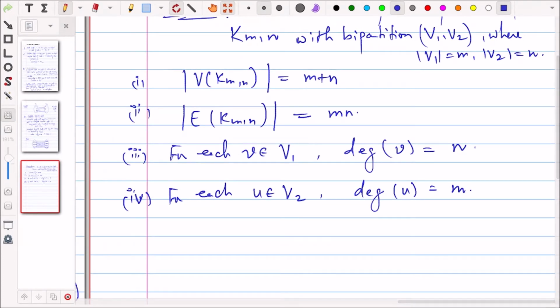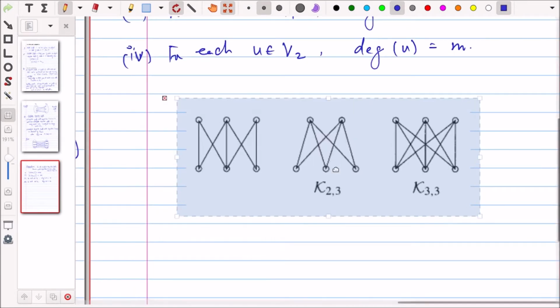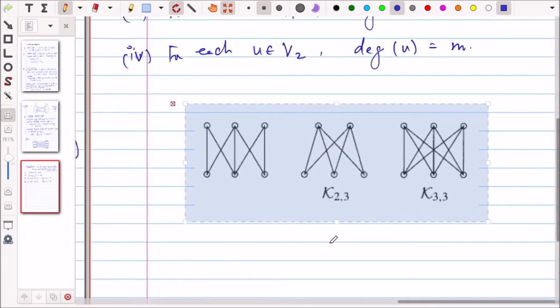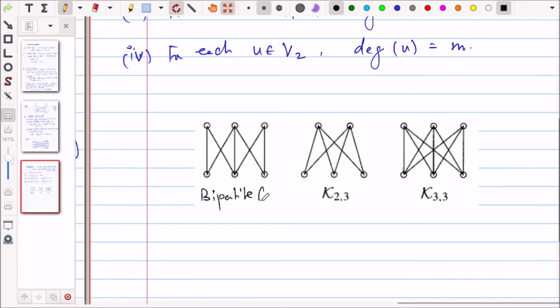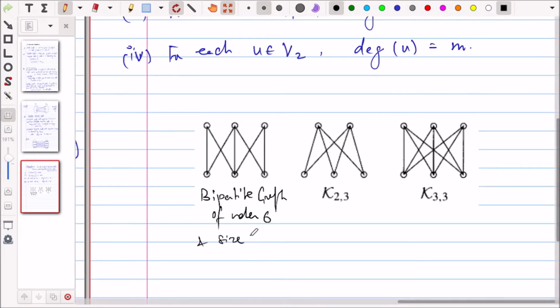So let me just give you a figure. So this is K2,3, this is K3,3, this is just a bipartite graph. A bipartite graph of order 6 and size... साइज कितना है इसका 1 2 3 4 5 6 7, 7 राइट.